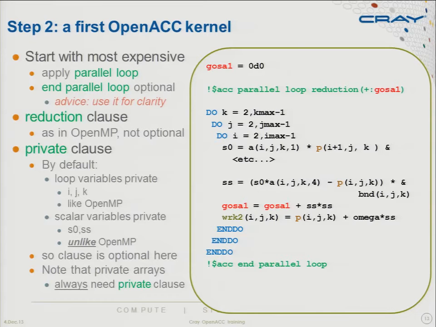Some of the operations it can do on its own, and you just have scalars. But indirectly, each value of i and j and k is going to give you a value of SS. But then here, the values are added up together for each loop iteration. So each thread has to make a contribution to that final number.